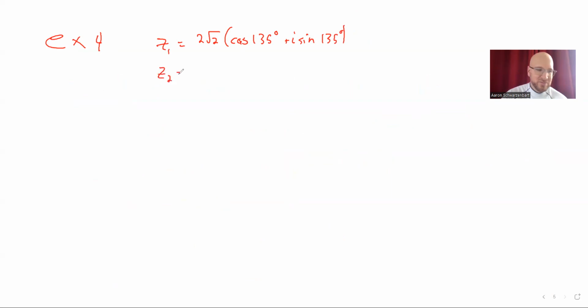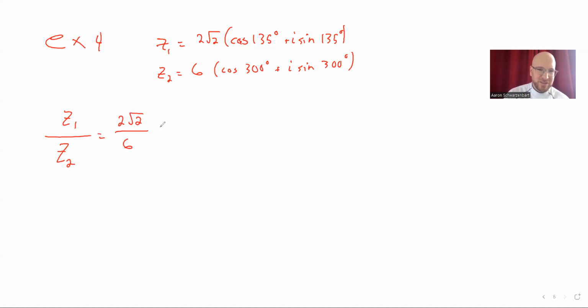Complex number 2, 6 times cosine 300 degrees plus i sine 300 degrees. So I plug it into my formula. 135 minus 300.